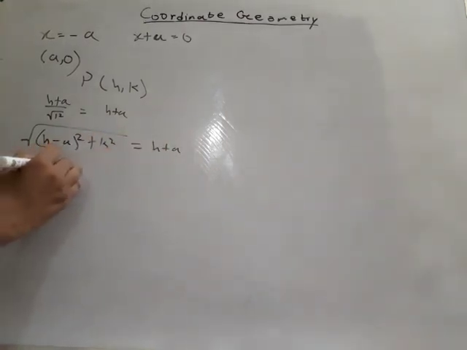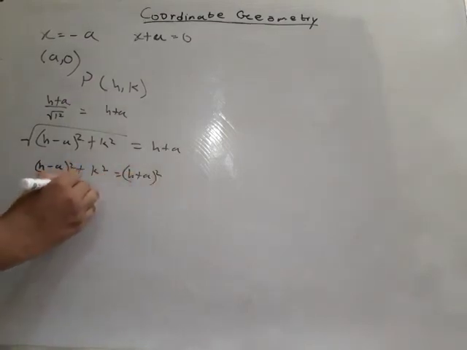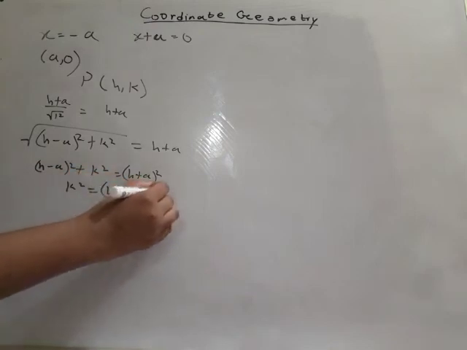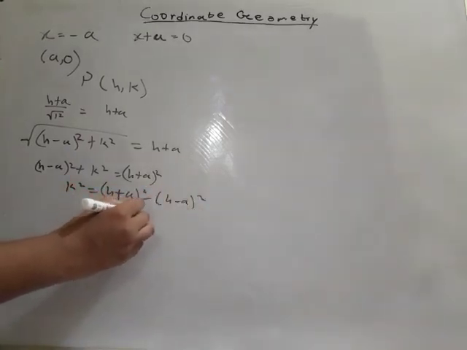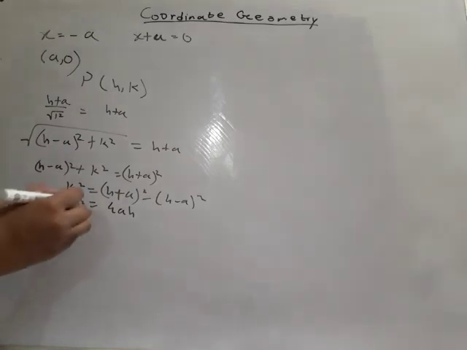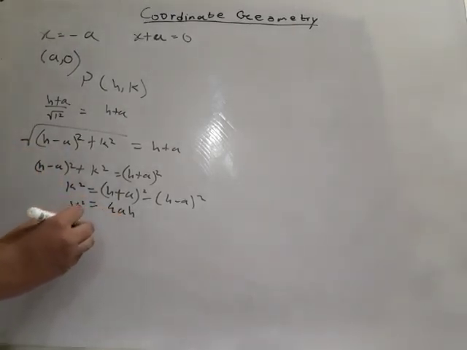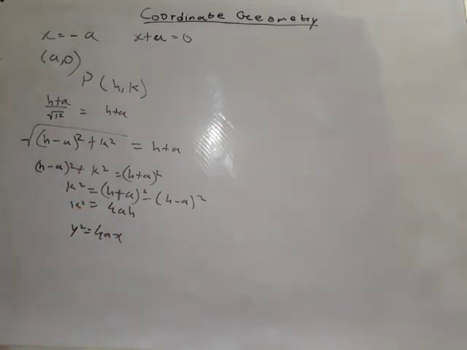So h minus a whole square plus k square equals h plus a whole square. k square equals h plus a whole square minus h minus a whole square. It comes to be 4ah. k square equals 4ah. Substituting k as y and h as x, we get y square equal to 4ax. Now the conditions I told were the conditions for a parabola, and this is the general equation of a parabola.